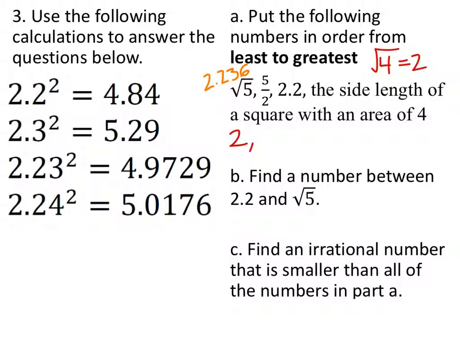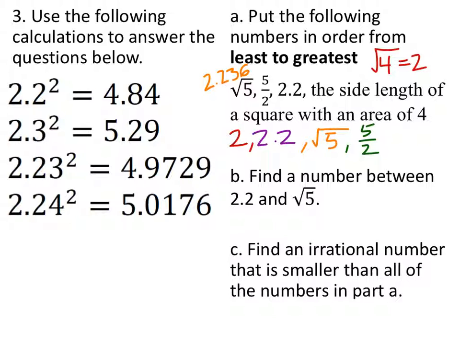The next smallest would be 2.2. The next smallest would be the square root of 5, because its decimal value is 2.236. And then the biggest value would be the 5 halves. So that's ordered from least to greatest.